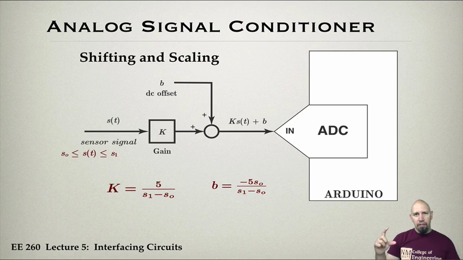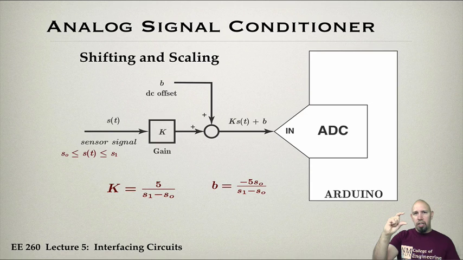Again, if you have a voltage that could be anything between plus or minus 10 volts, well, first of all, 10 volts is outside of 5 volts, so definitely you have to shrink it down. That's the scaling. Then, since we have it from minus 10 to 10 volts, if you shrink it in half, that goes from minus 5 to 5 volts.